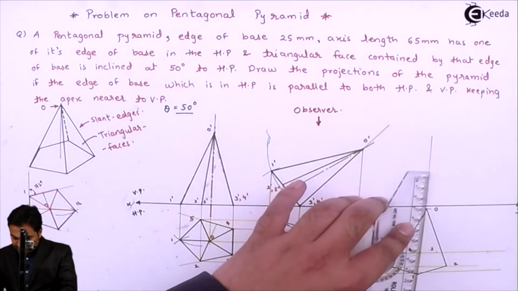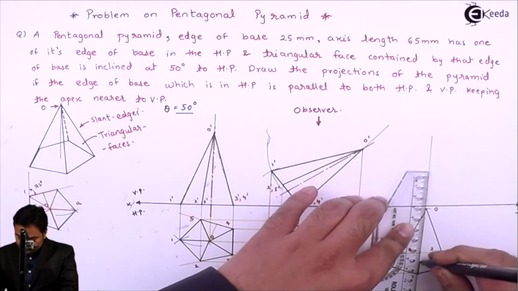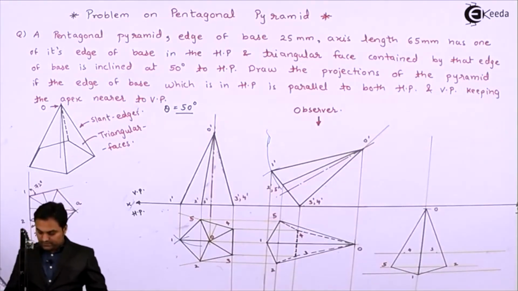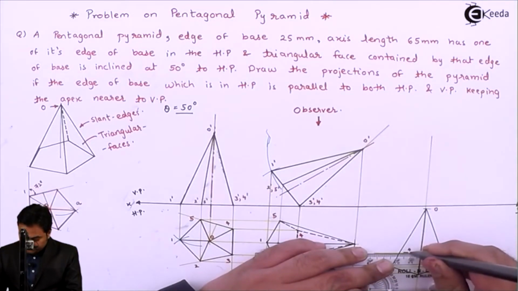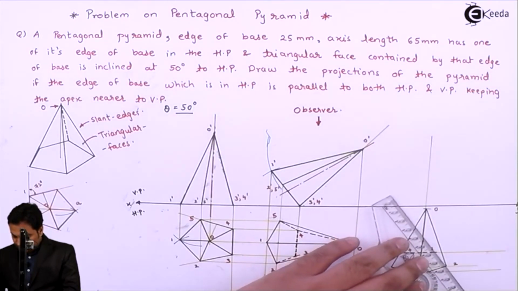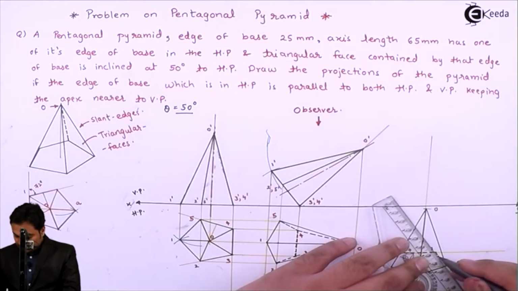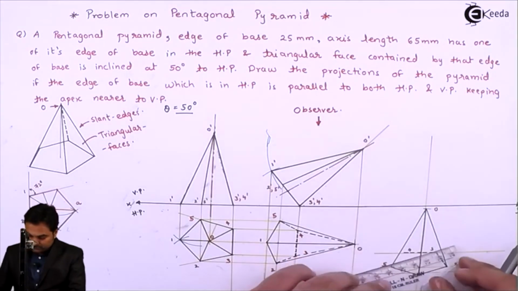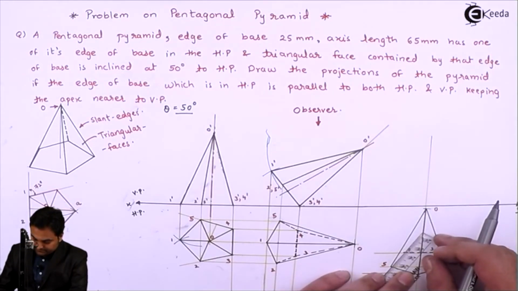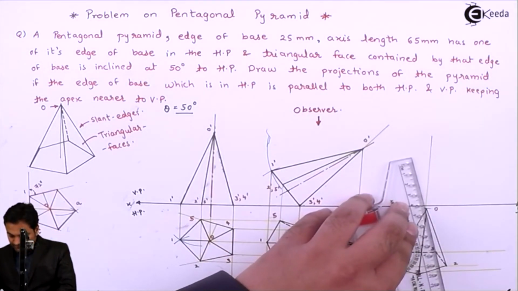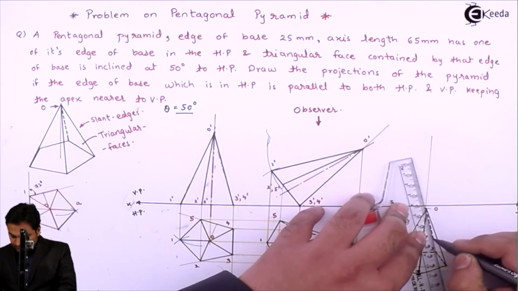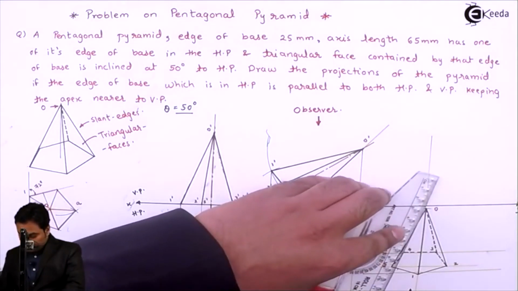Next O to 1 is connected, then 3 to 4 is hidden, drawn with the help of dotted line. 2 to 3 is also hidden. 4 to 5 hidden. O to 3 will be connected. O to 4 will be connected.